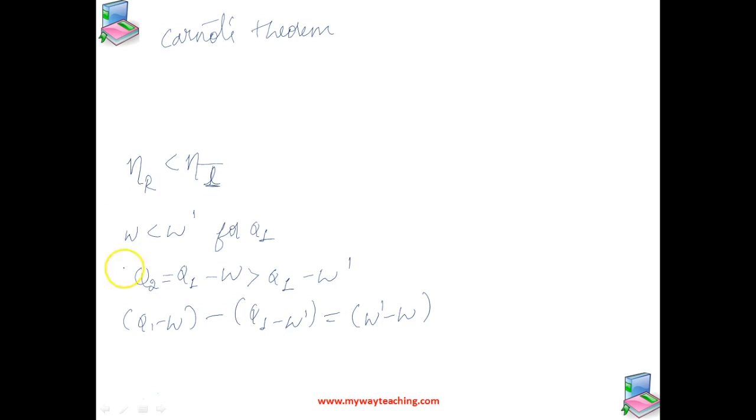The final remark shows that in a Carnot cycle, we can write Q1 by Q2 is equal to T1 by T2. Okay. It is a universal relation which is independent of the nature of the system.